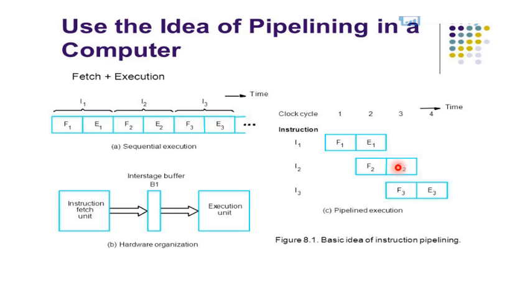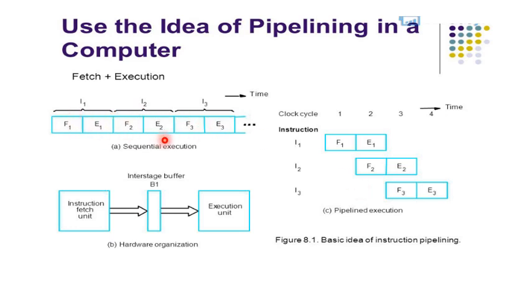So step 2 is performed by the execution unit during the third clock cycle, while the instruction I3 is being fetched by the fetch unit. In this manner, both the fetch and execution units are kept busy all the time. If the pattern in the figure can be sustained for a long time, the completion rate of instruction execution will be twice that achievable by the sequential operation depicted in this figure.